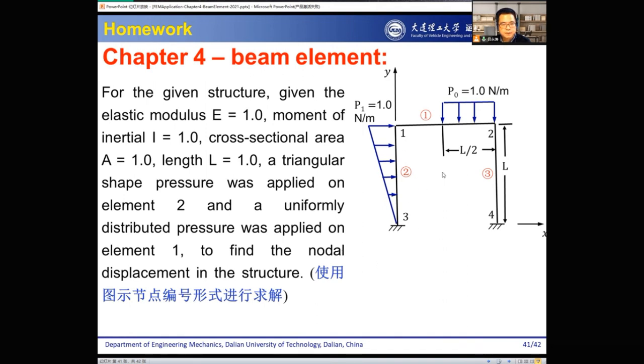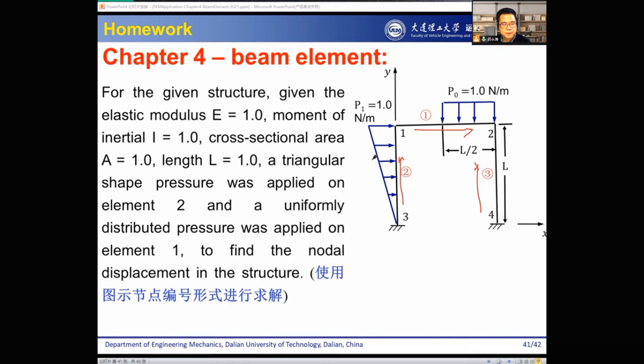We have a very complex case with three beams, and these three beams are in different orientations. Here is the first beam, and this is the third beam. We have a very complex scenario for the external force.